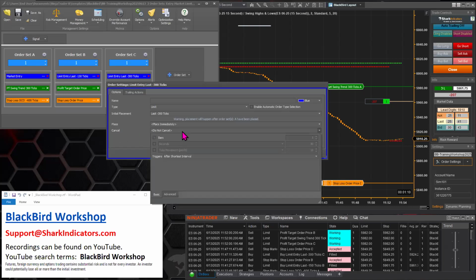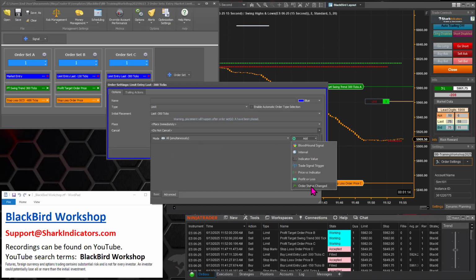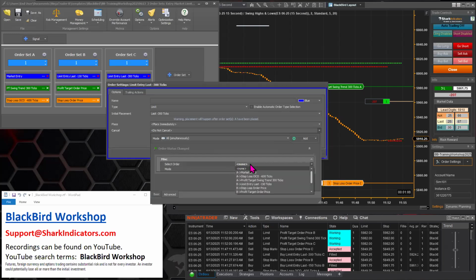Go into the cancel, switch to the advanced tab. We're going to delete the interval here. We don't need this. And we're going to add an order status changed, like so. All right, so which order do we want to monitor? That profit target for A, and then adjust this to any number of contracts filled here, right?